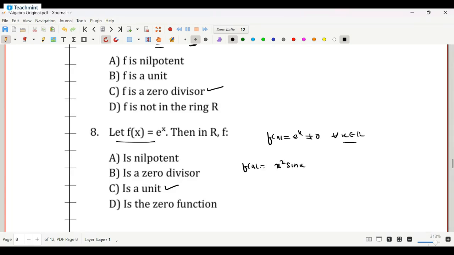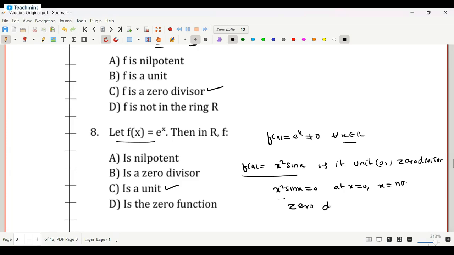Is it a unit or a zero divisor? It is a zero divisor, sir. Why? f of x equal to x square sin x equals 0 at x equal to 0, or at x equal to n pi. Since roots exist, it is a zero divisor.